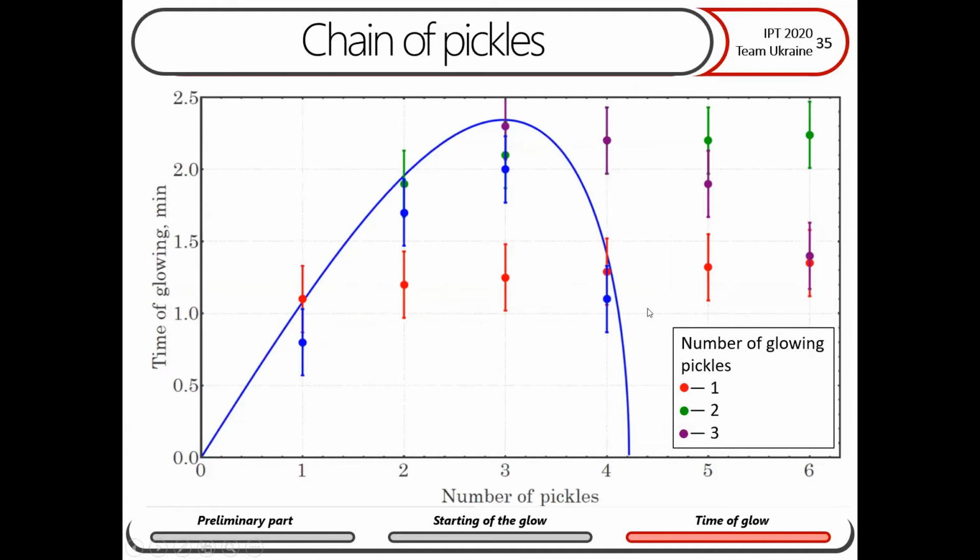I understand. I can ask that the points in your figure are at distances of 1, 1.5, 2. Did you count it by the time of its glowing? Can you repeat the question?